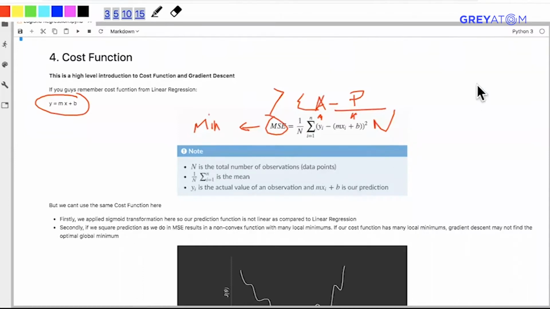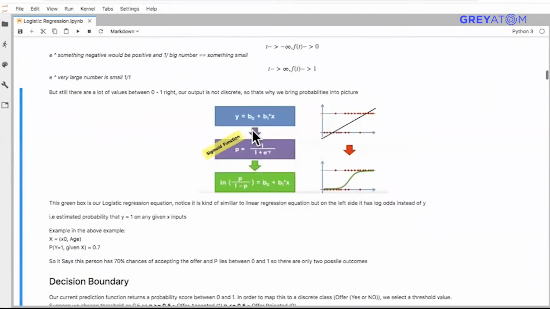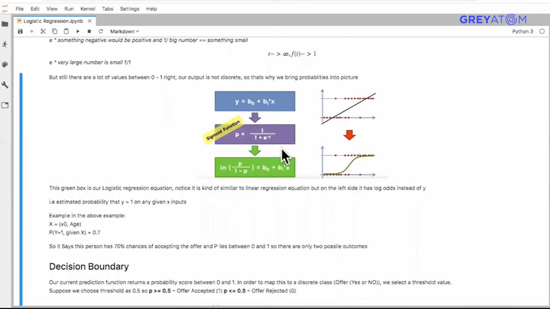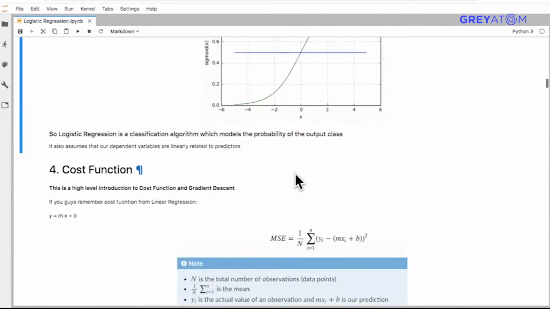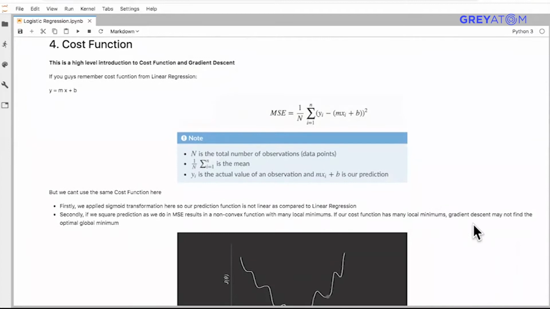First of all, why? Because we used this transformation here. Do you remember this sigmoid or logistic transformation? By using this transformation, our prediction function is not linear in nature anymore, so we can't use linear regression's cost function.